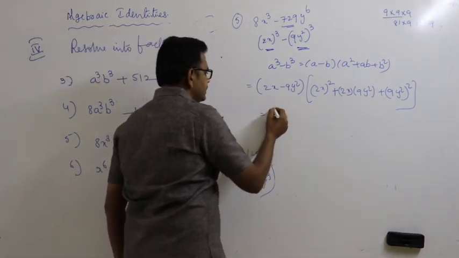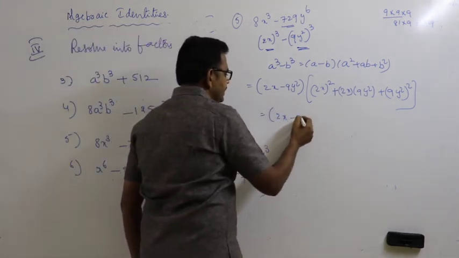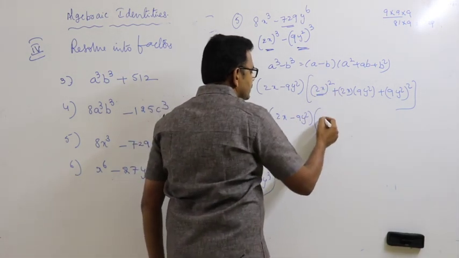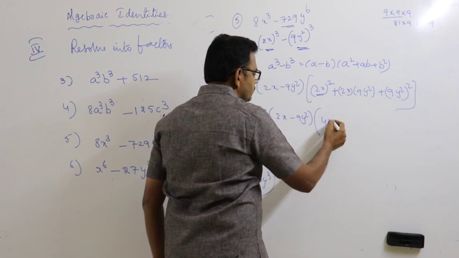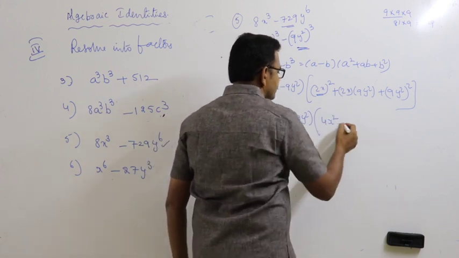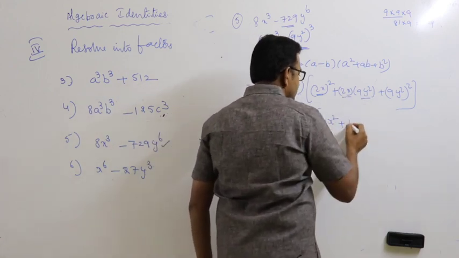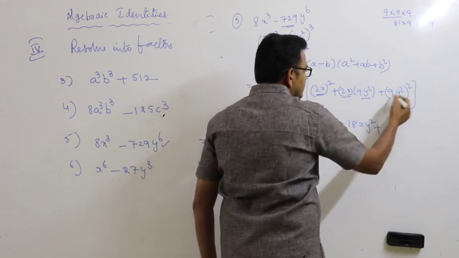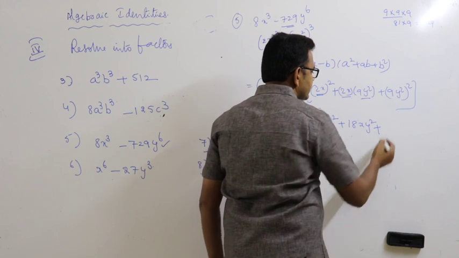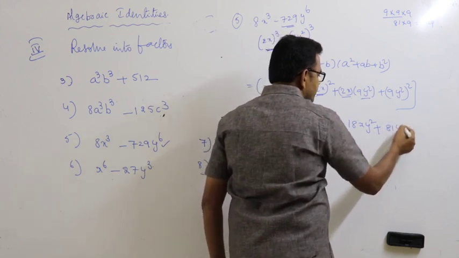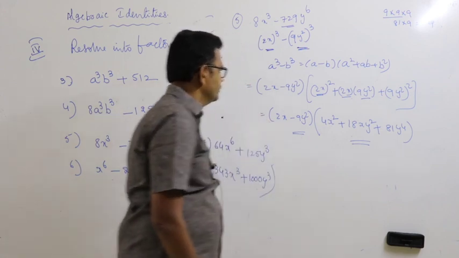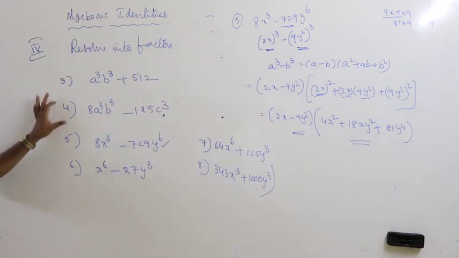So it is 2x minus 9y square into 4x square plus 18xy square plus 81y power 4. So the rest of the problems you do it.